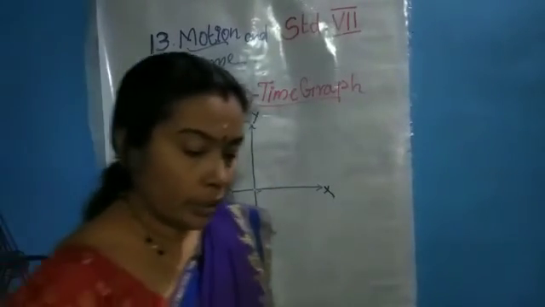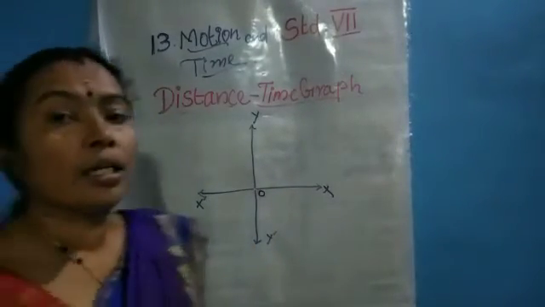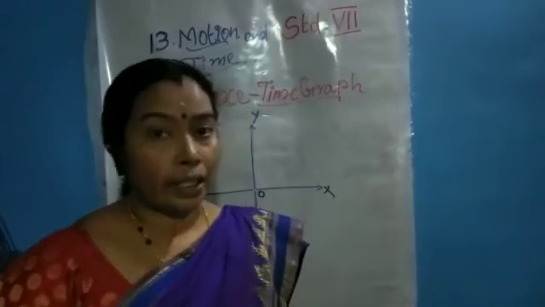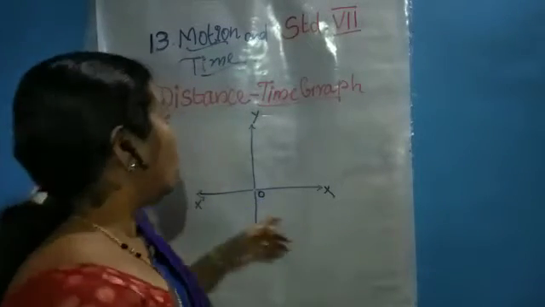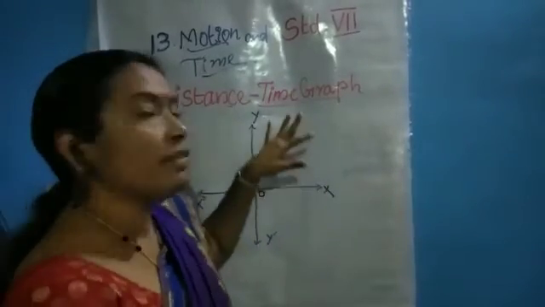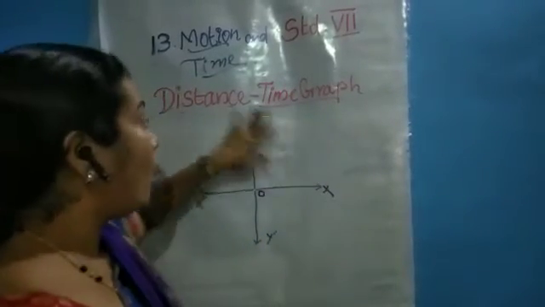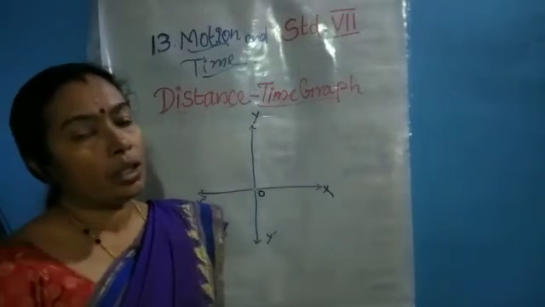You know that in maths you are studying integers, so you know about negative and positive numbers. In the quadrant XOY we are dealing with positive numbers, and in the other three quadrants negative numbers also come.